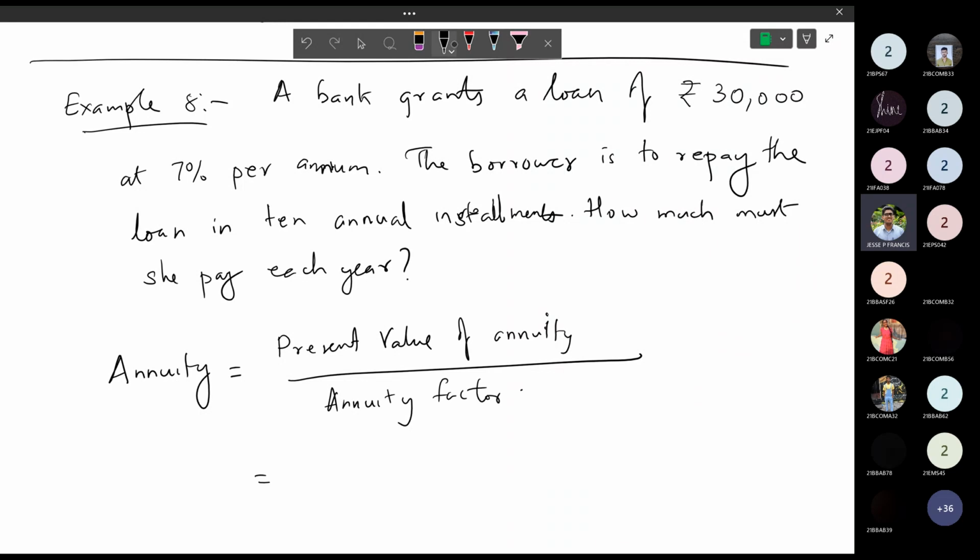This is equal to present value is 3 lakh divided by annuity factor for n is equal to 10, r is equal to 7%.